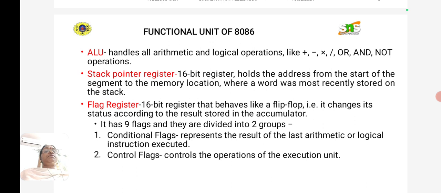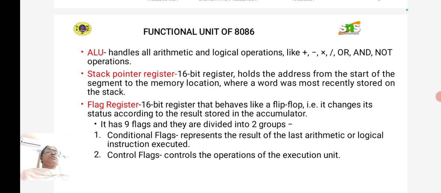One more unit in the execution unit is the flag register. The flag register tells the status of the result of the instruction executed recently, and stores that information.